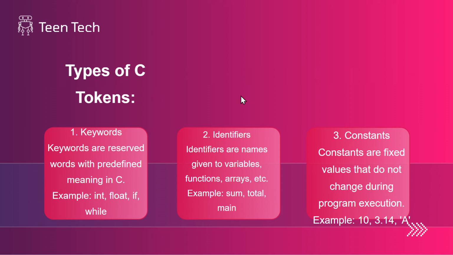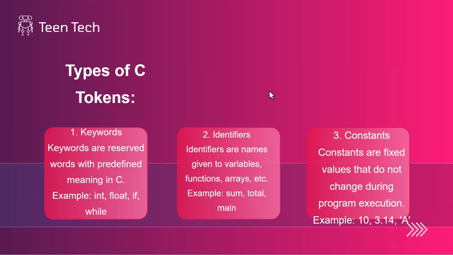Let me give you an example. Firstly, let me tell you why keywords are important. Keywords tell the compiler what to do, whether to store data, make a decision, or repeat a task. Without keywords, C programs cannot work.